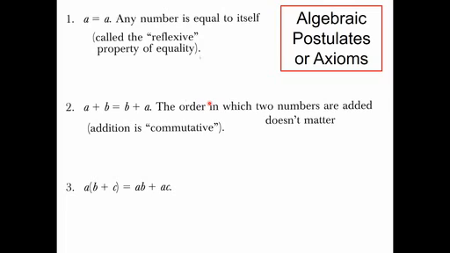Here's our next one. Anybody recognize that from algebra? Did anybody say distributive property? That'd be good. Do you ever wonder why it's called the distributive property? Well, a times the expression b plus c, it looks like they take the a and multiply it by b, so they distribute the a over the b and then add it to the a multiplied by the c.